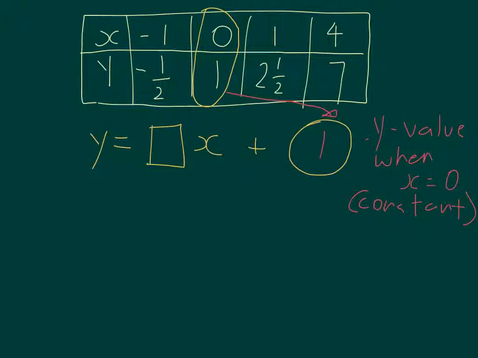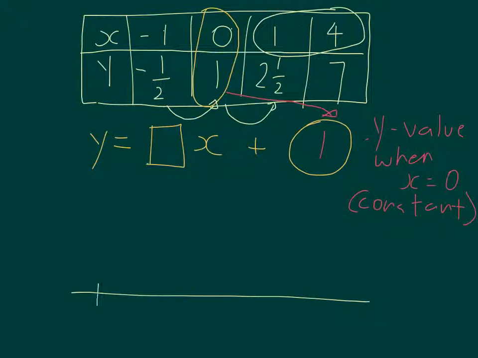Now, this other number here is our difference between any two consecutive numbers. What I mean by consecutive here is we can't use the difference between 2.5 and 7 because 1 and 4 are not consecutive. But -1, 0, and 1 are consecutive numbers. So how much am I going up by here? Maybe a number line down here would help us. So we'll have 0, 1, 2, and then 2.5 about there.